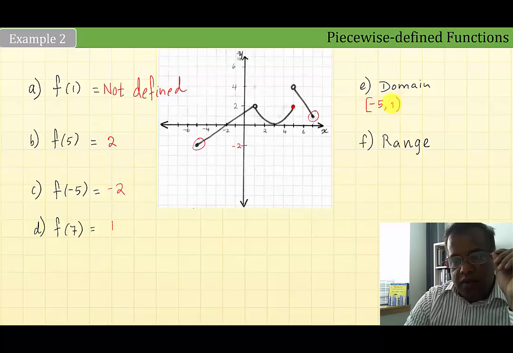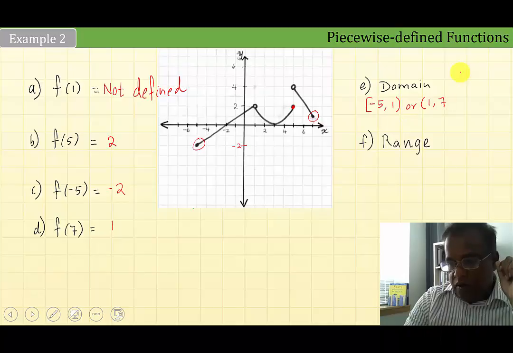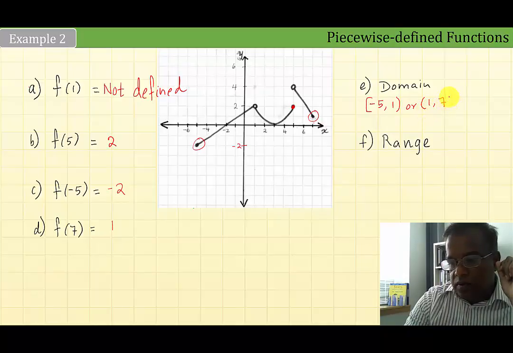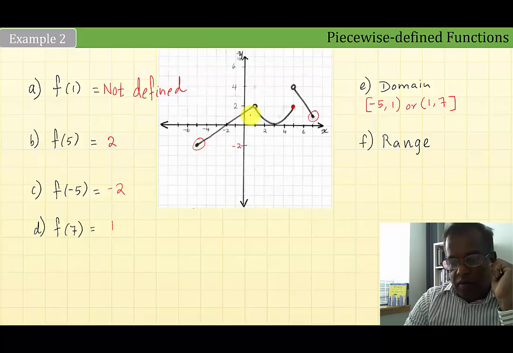From 1 to 5, there is a y value. And also from 5 to 7, there is also a y value. So it goes from 1 to 7. So the domain is from negative 5 to 1 union 1 to 7. So it excludes 1.